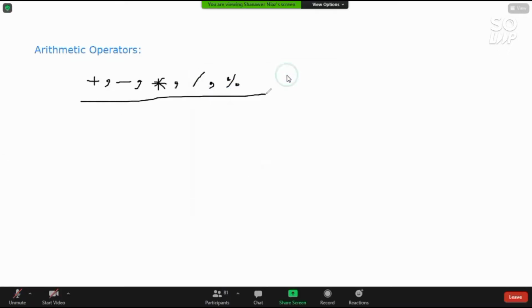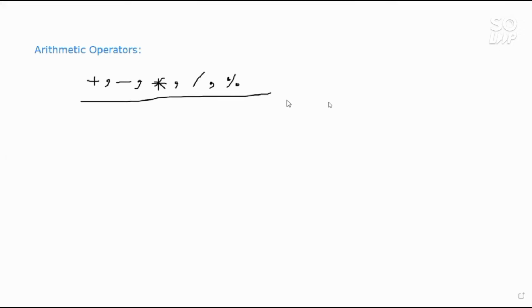So there are 5 arithmetic operators which we use in C++ or any programming language. You can use these operators when you are dealing with any mathematical expression or formula, according to your problem.